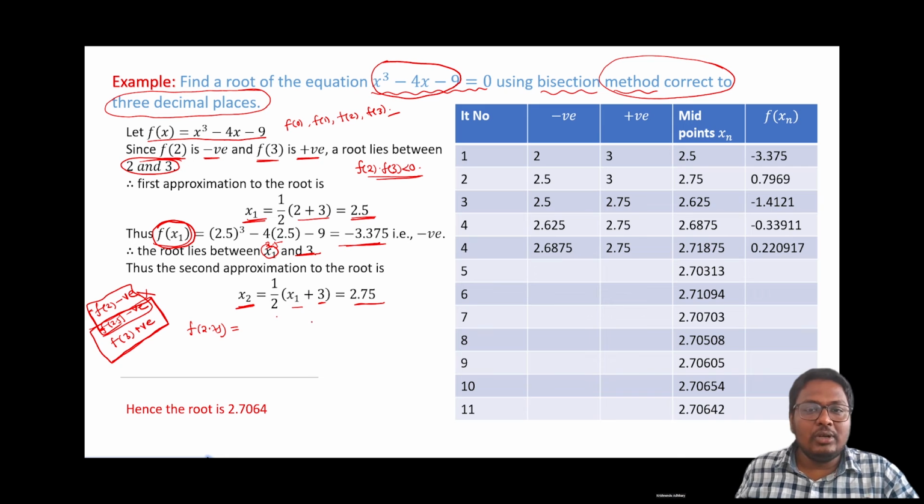Okay, so I told you there are two types of stopping criteria. The first one is a fixed number of iterations, and the second one is correct up to some decimal places.